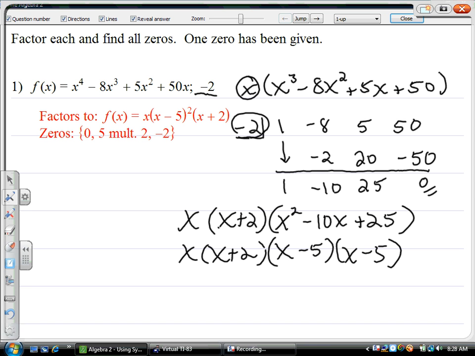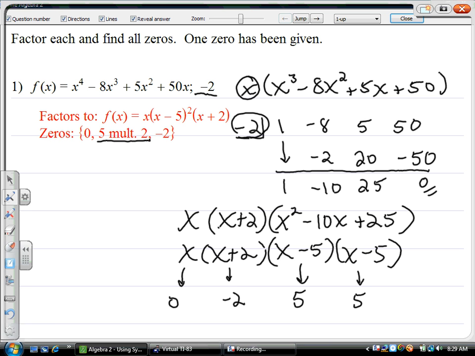And here's what we're left with. We know that a root here would be 0. A root here is -2. A root there is 5. And a root there is 5. When we have the root of 5 occurring twice, that's why up here it says the root of 5 has a multiplicity of 2.